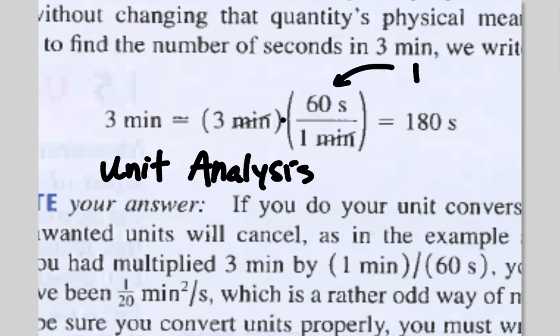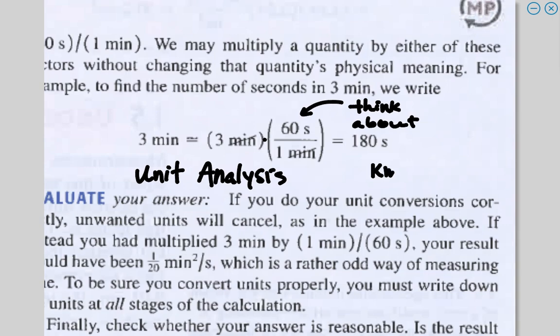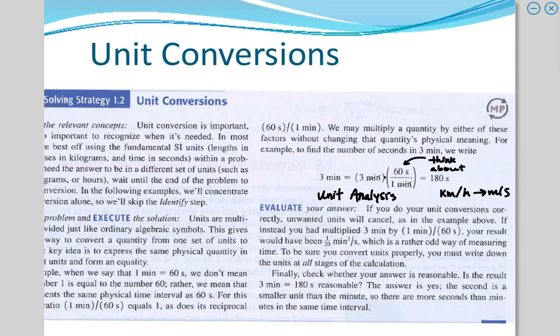So this you have to think about, or use a formula sheet. But this is very formulaic. If I want minutes to go away, put minutes in the bottom, it'll cancel, and then whatever I want goes in the top. The most common for us would be like kilometer per hour to a meter per second. So why don't we do one of those?